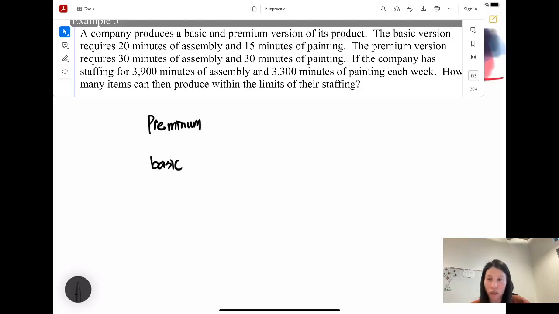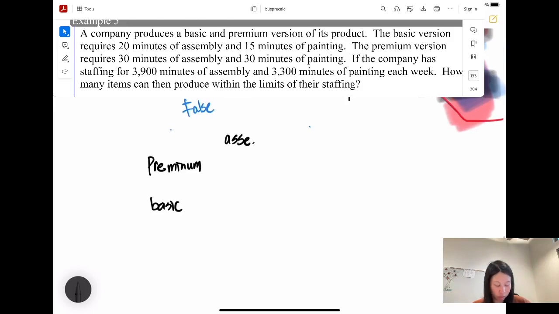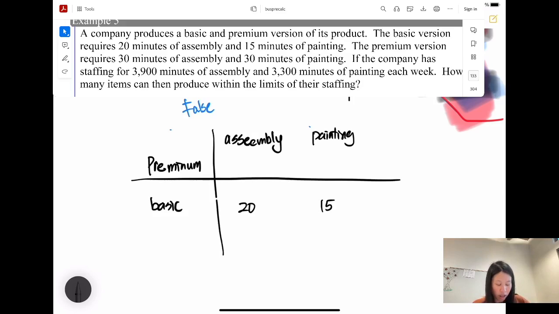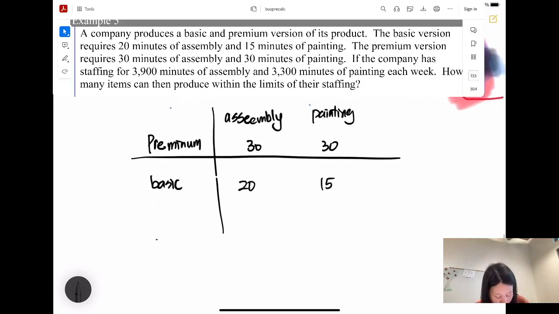For the basic one, it requires assembling and painting. The assembling requires 20 minutes and the painting requires 15 minutes. For the premium one, the assembling requires 30 minutes and 30 minutes. And what will be their total?